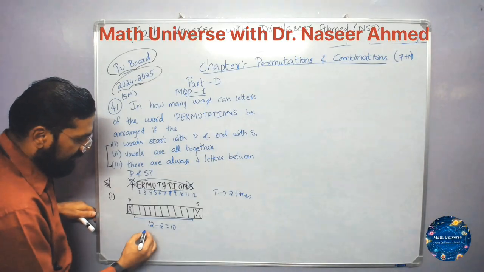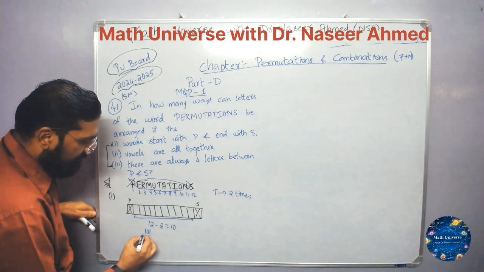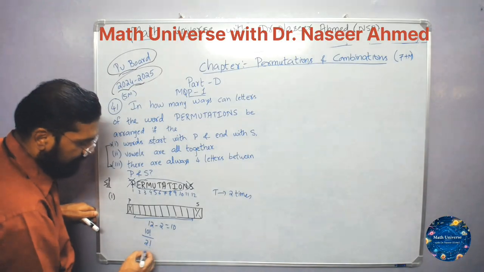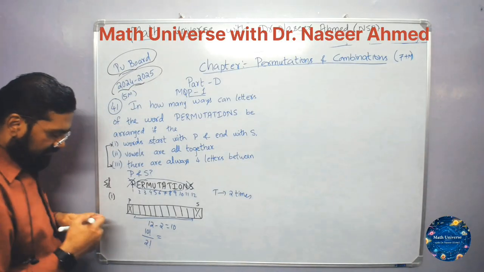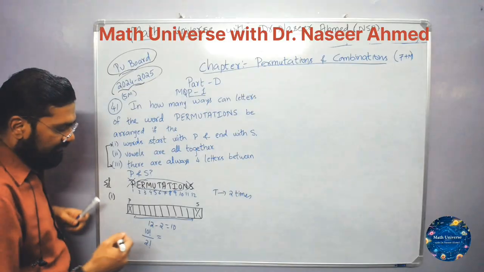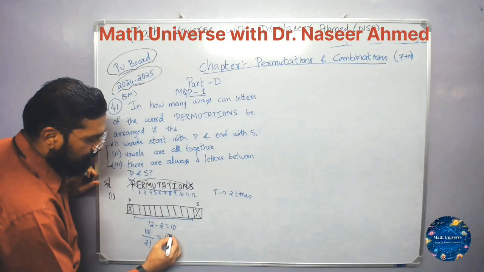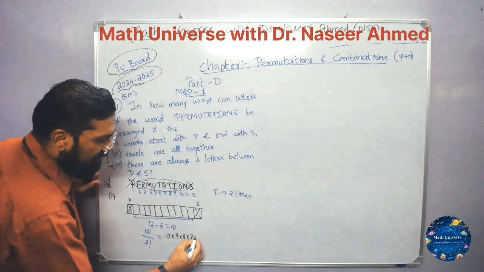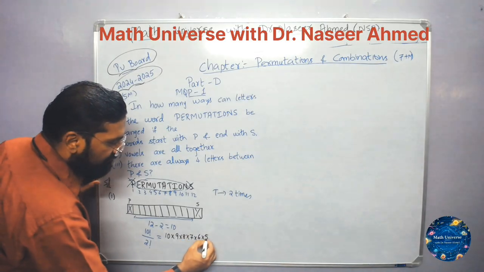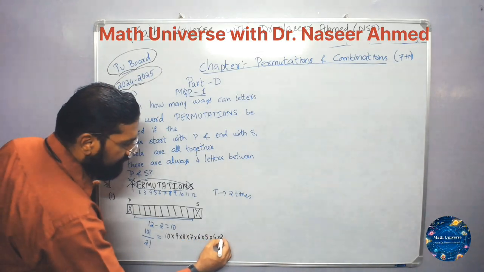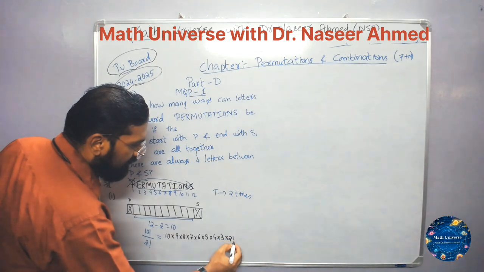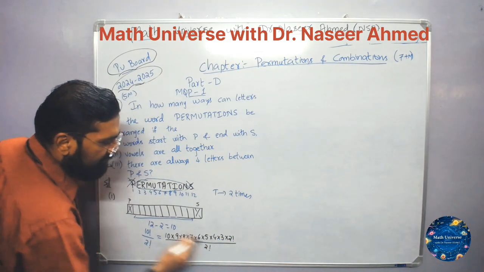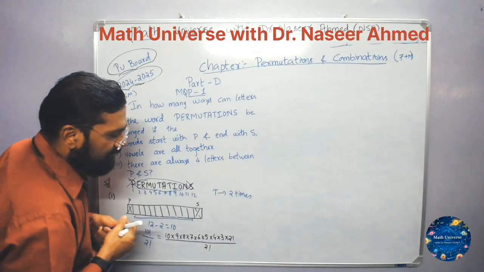So the answer will be 10 factorial divided by 2 factorial for T repeated twice. Let us simplify. 10 factorial is 10 into 9, 8, 7, 6, 5, 4, 3 into 2 factorial, whole divided by this 2 factorial. That will very easily cancel with the numerator.